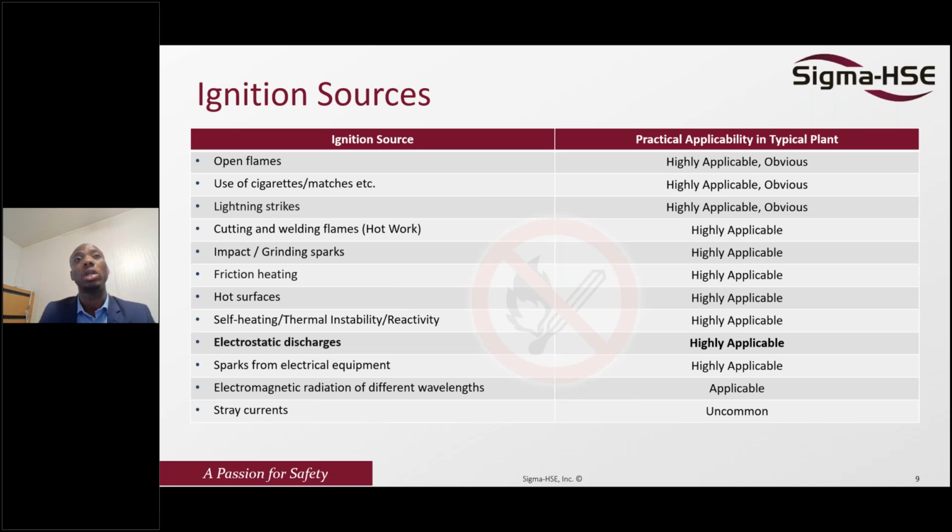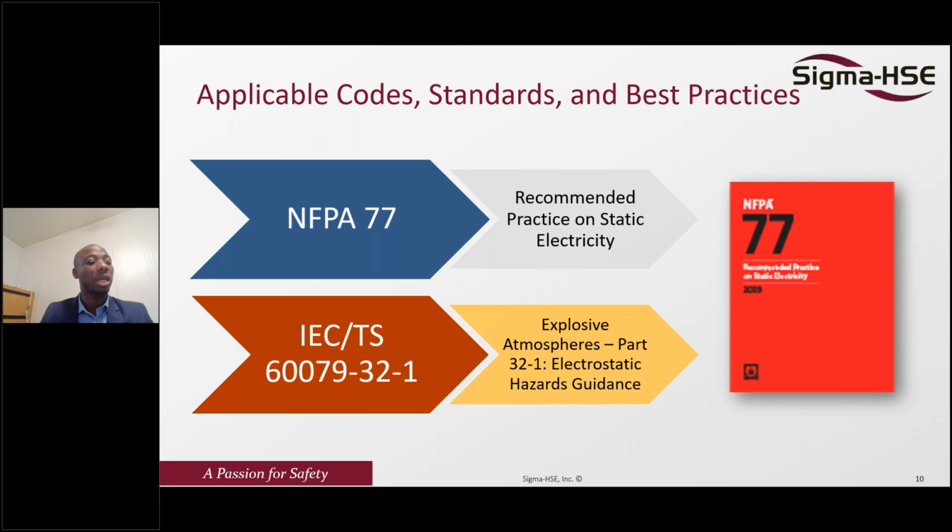You need to ensure that every equipment located in the classified area conforms with the various classifications, whether it's Class I, Division 1, or Class II for dust. This is a different topic altogether, so I don't want to dive more into that. We also have electromagnetic radiation and stray current, which is not common in industry.